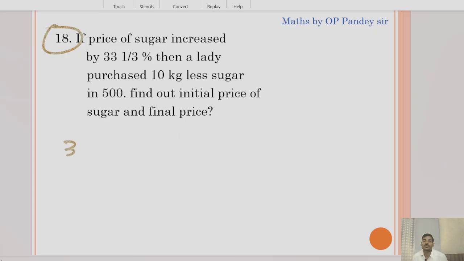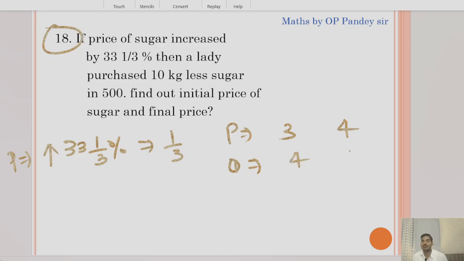So 33 whole 1 divided by 3% price increased. This is 1 divided by 3, correct? Ratio of price is, if 3 ratio is the initial price, then the present price becomes how much? 4. And quantity is 4 to 3 because expenditure is constant.